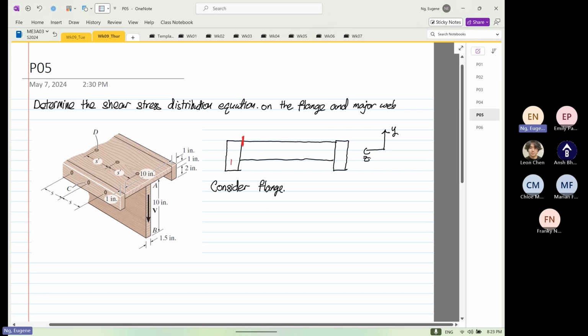And if we were to design the shear flow, it will look like this. And then over here is a junction, and for the junction, it will come down. So the flange, if you look at this distribution, you will distribute from left to right.